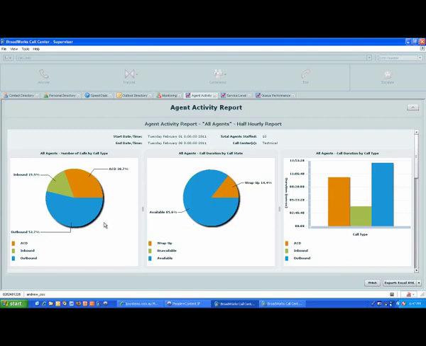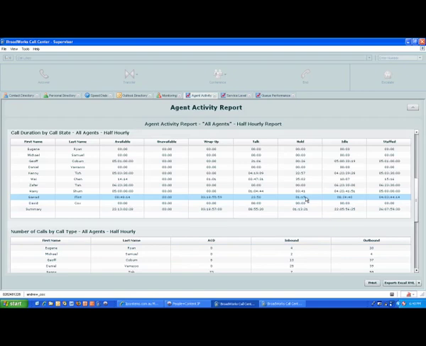So we can see that across our agents overall, a lot of our calls are getting answered directly without even having to go into the queue. 30% are going into the call distribution, and our call centre agents are responsive help desk people who are making quite a lot of outbound calls as well. I can also see for individuals how much time they put people on hold for, how much talk time, how much wrap-up time while they were making notes after closing off a ticket or a conversation, how much time was idle and how much time they were staffed.